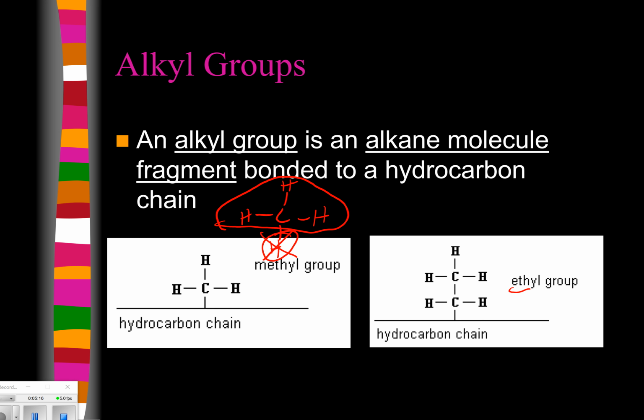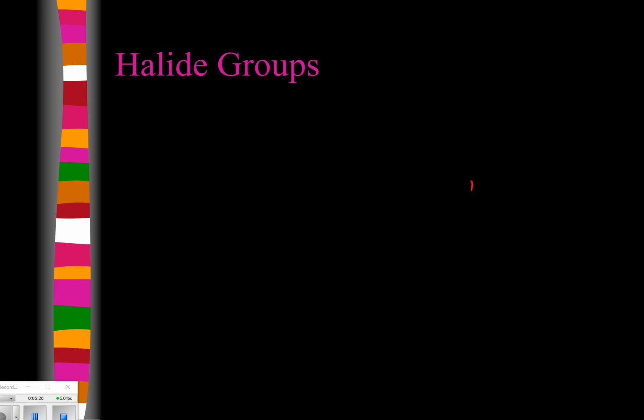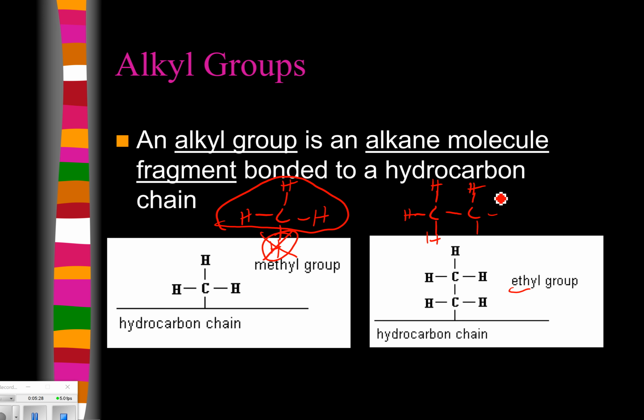meaning 2 carbons, is an ethane molecule that is still only going to have one of its hydrogens removed, and therefore that carbon can then come on here and bond onto the hydrocarbon chain.